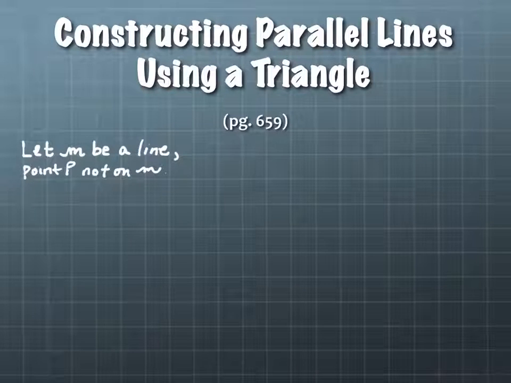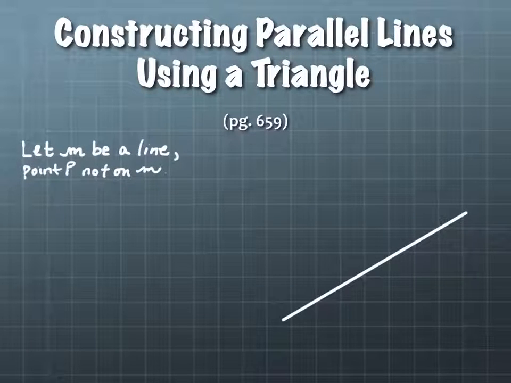We've got a line, and we've got a point P not on it. So here's point P, here's line M. So far, so good. I've probably drawn it in such a way that when I start sketching other things, this is not going to be very good. Maybe I should move my point P just a little bit closer, just for the sake of it.